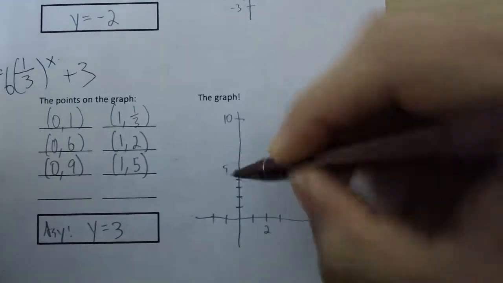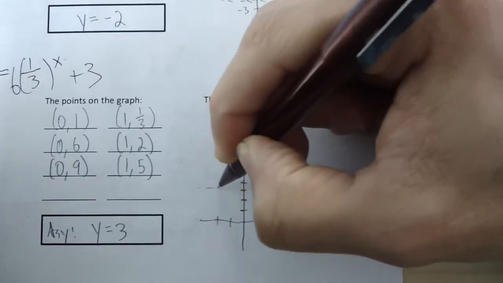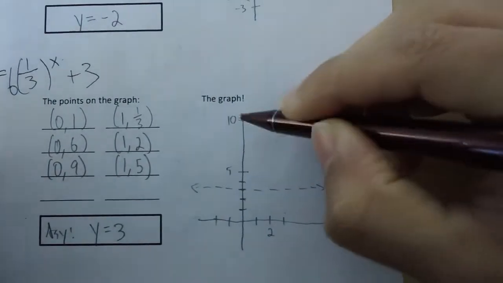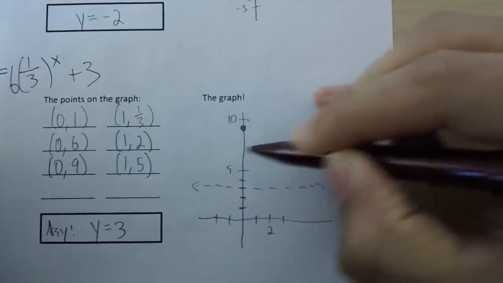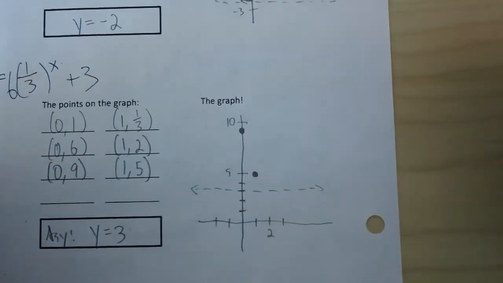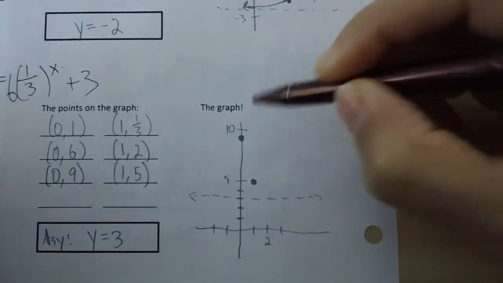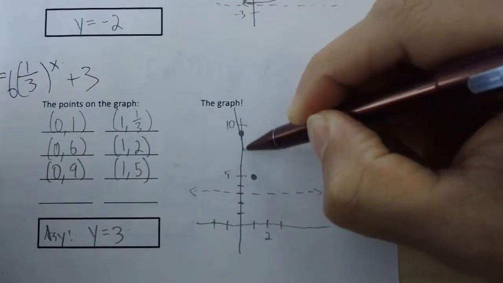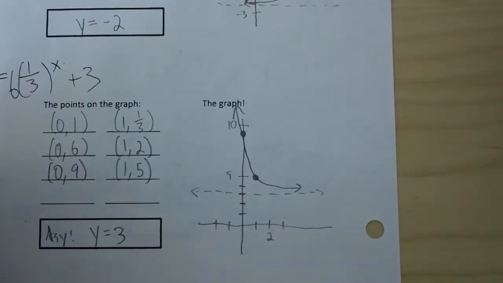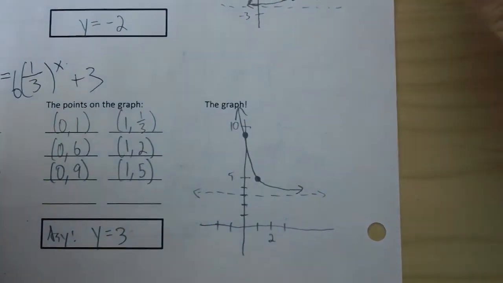Our asymptote is going to be here at y equals 3. We're going to have 0, 9, let's say that's right about there, and then 1, 5 is going to be right here. So notice the slope goes down and to the right. And there's your decay function.